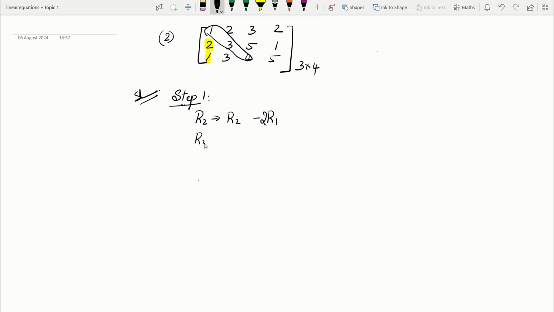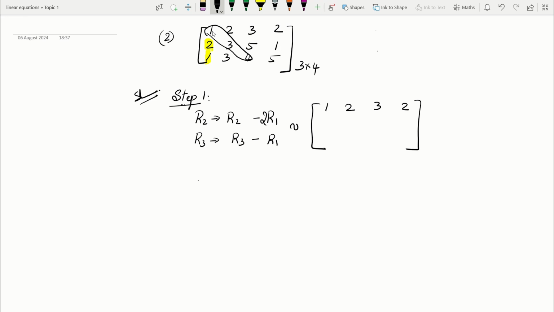In step 1, please take help from R1. So R2 implies R2 minus R1, because this 2 is in R2. Commonly write down the R2 element as row 2, and write the coefficient for R1. The R1 element is 1, as it is, you can keep it.